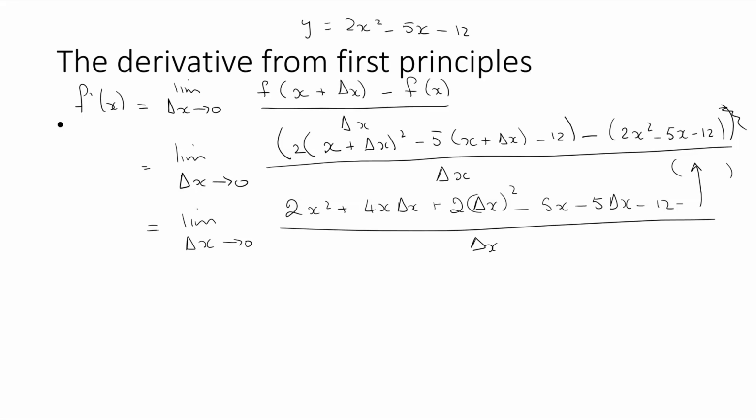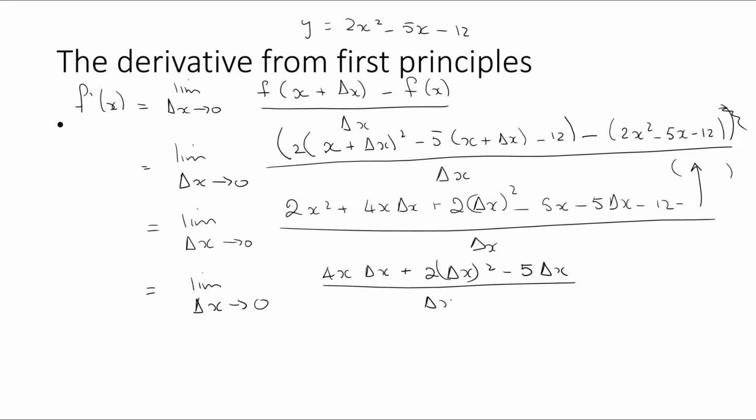So at the end of that line there, I need to subtract 2x squared minus 5x minus 12. Okay, when I do all of that, I suggest you stop the video there and do it yourself. Now what I've got left is 4x delta x plus 2 delta x squared minus 5 delta x to be divided by delta x.